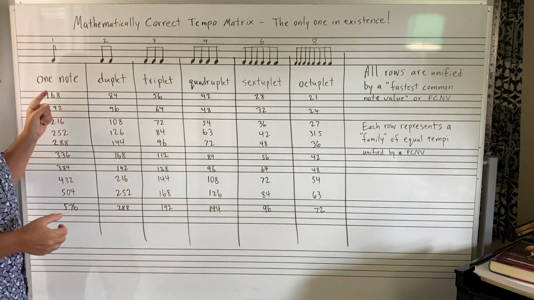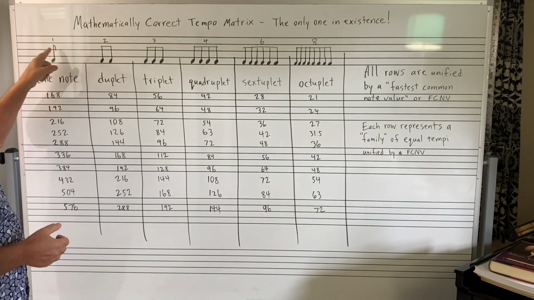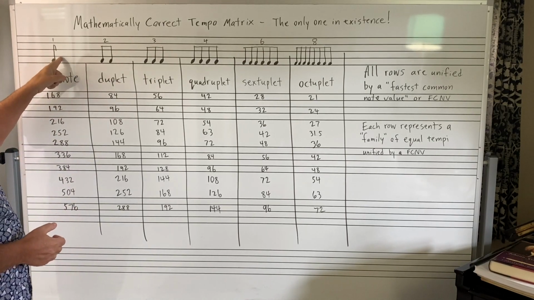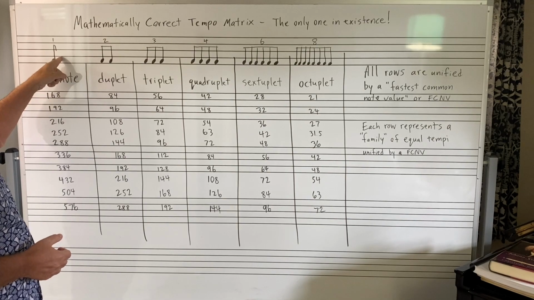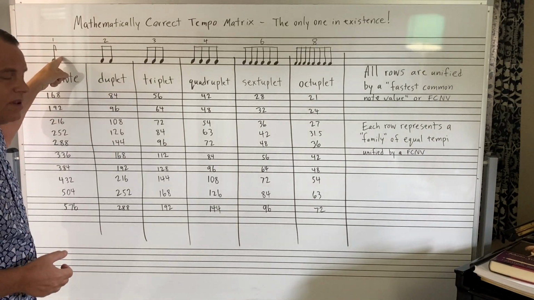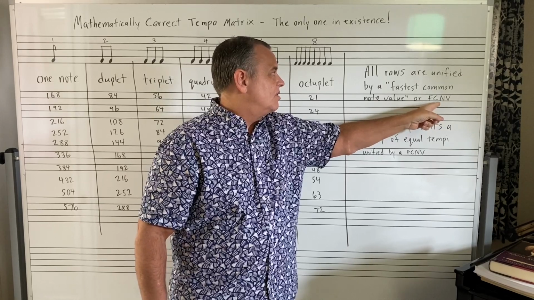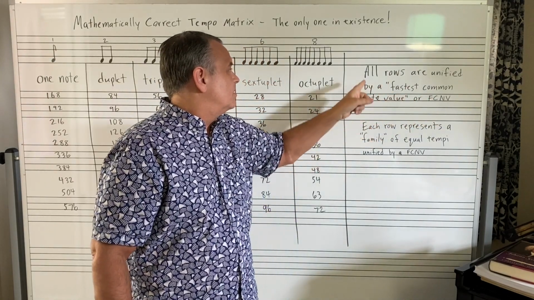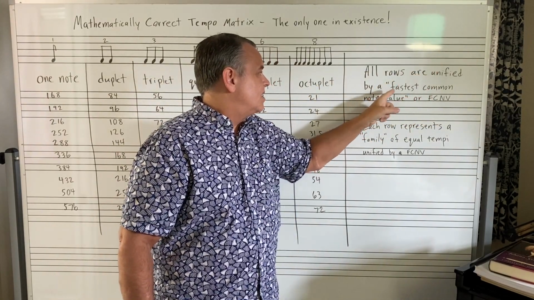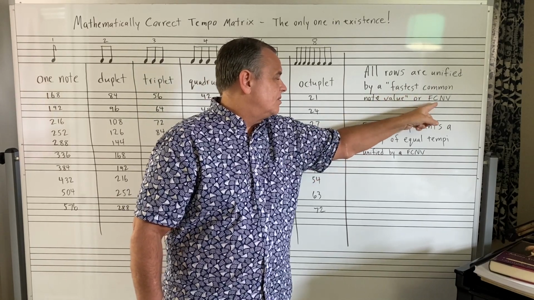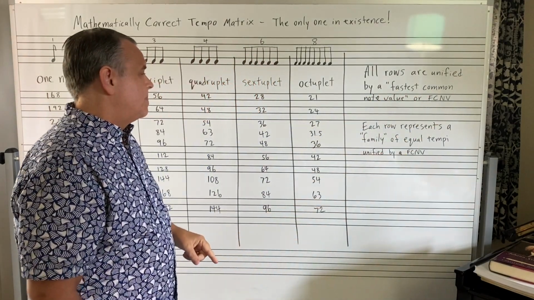So you have columns. You have one note. This is what I call a fastest common note value, or what I call an FCNV. All rows are unified by a fastest common note value, or FCNV.